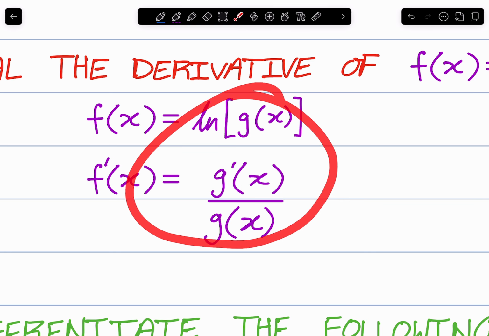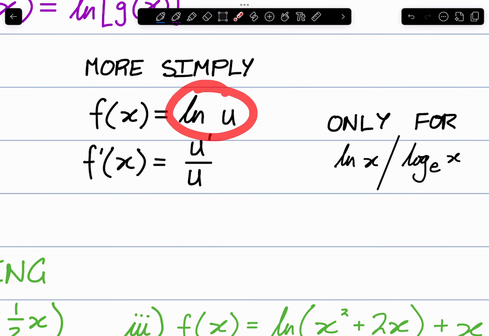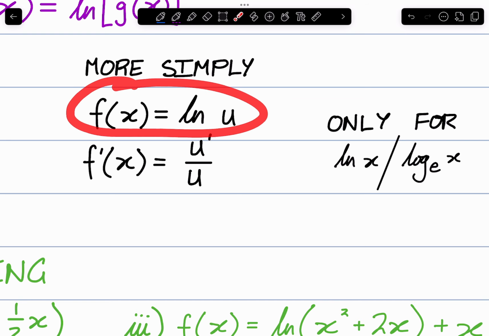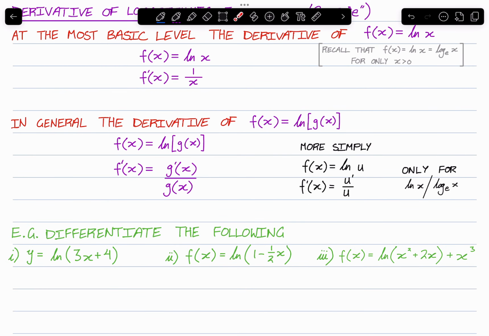If this notation is rather tricky, take a look. If it was ln of u, the derivative of this is u prime on u. Now remember, really emphasizing this is only for ln of x or log base e of x.